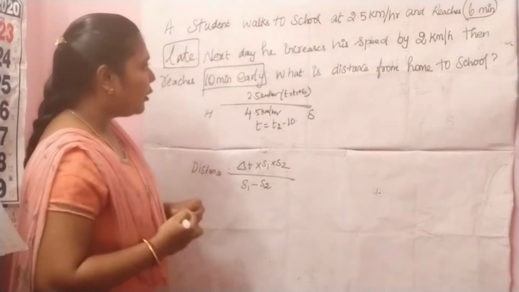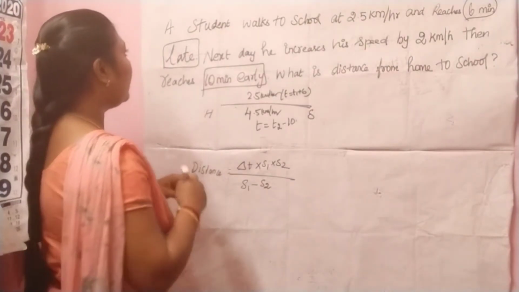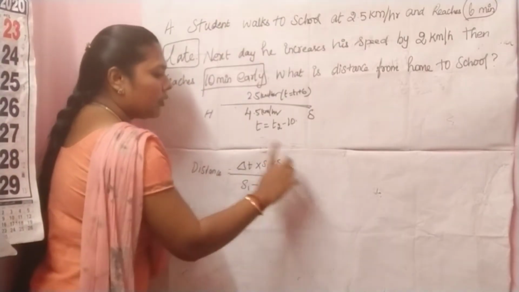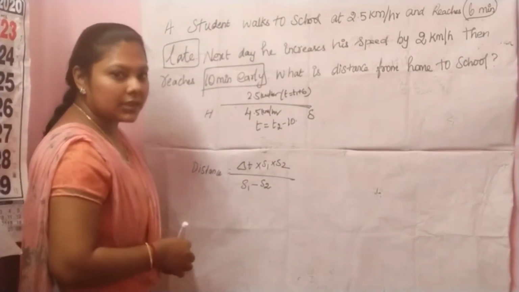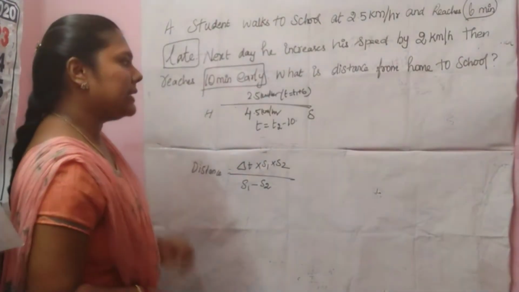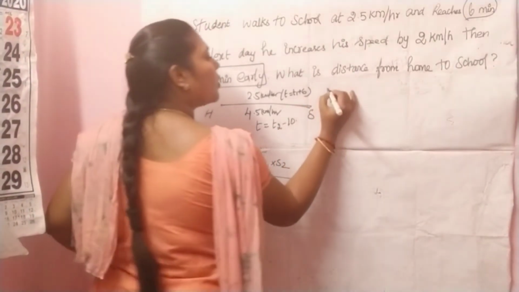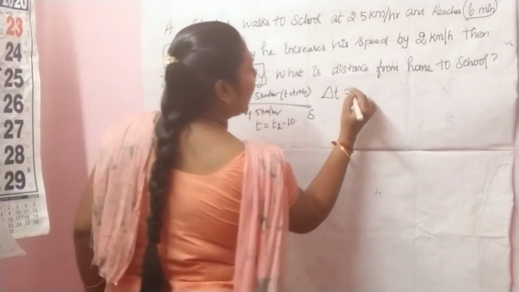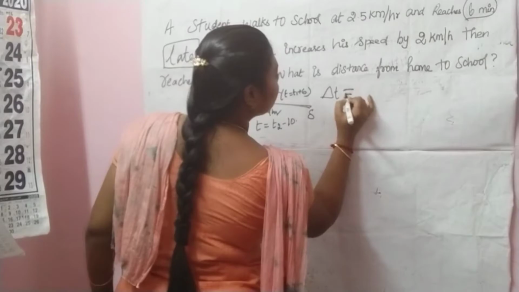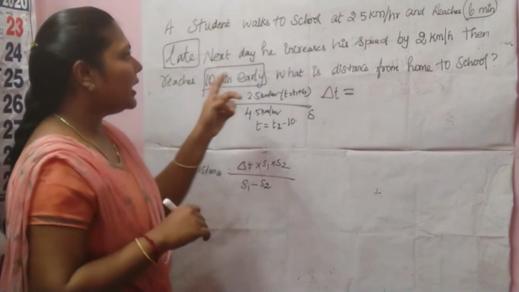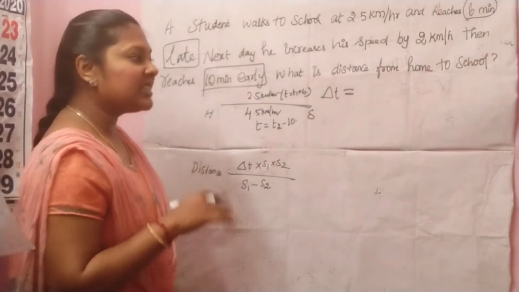If you find any keywords like late, early in your question, you can use this particular distance formula. So now what is del t? Del t means the difference between the times.